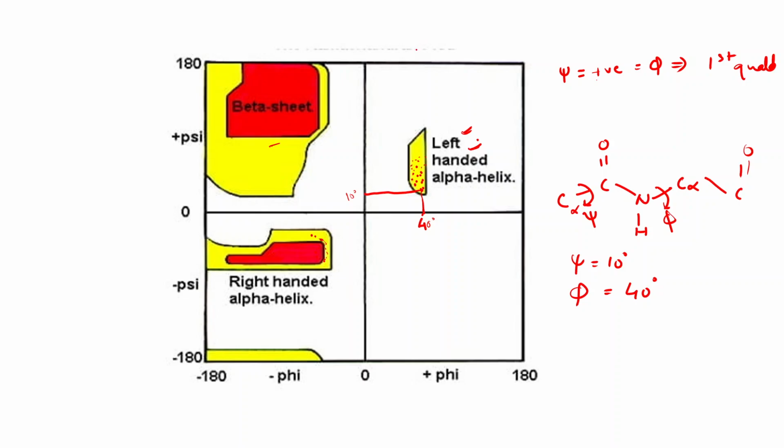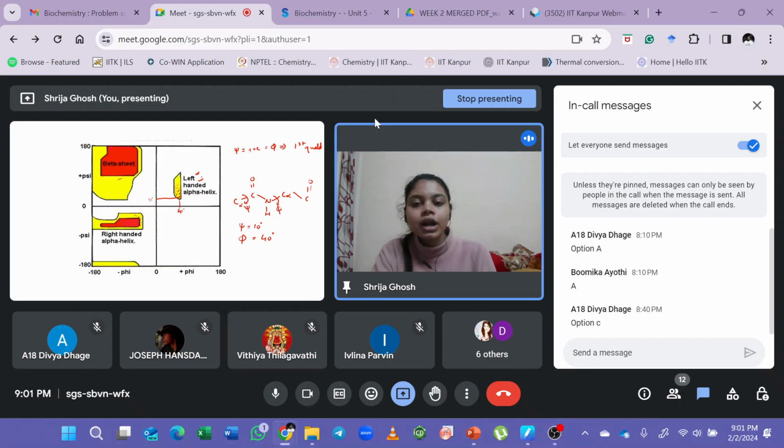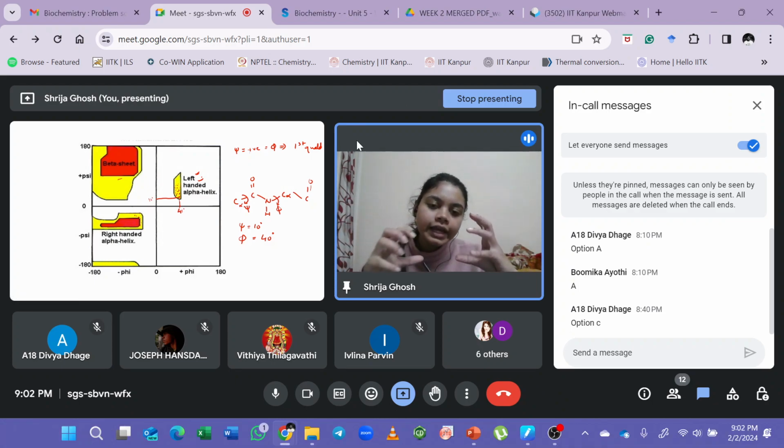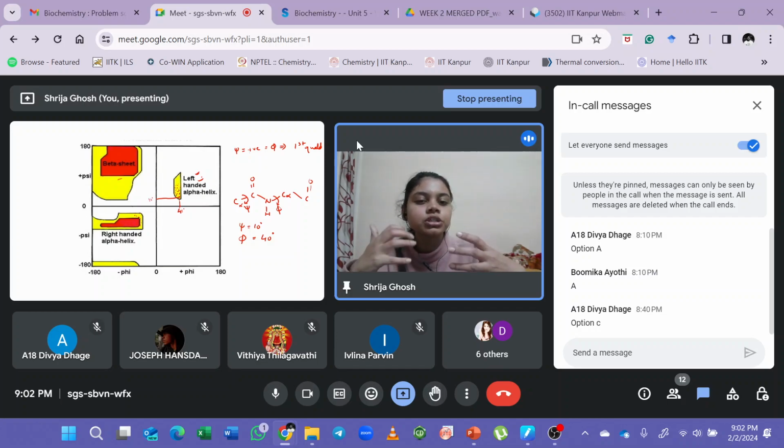So if I have a Ramachandran plot for a protein, I can assume that this protein is likely to make beta sheets, this protein is rich in beta sheet, or this protein is more alpha helix than beta sheets. So you should remember which quadrant represents what.